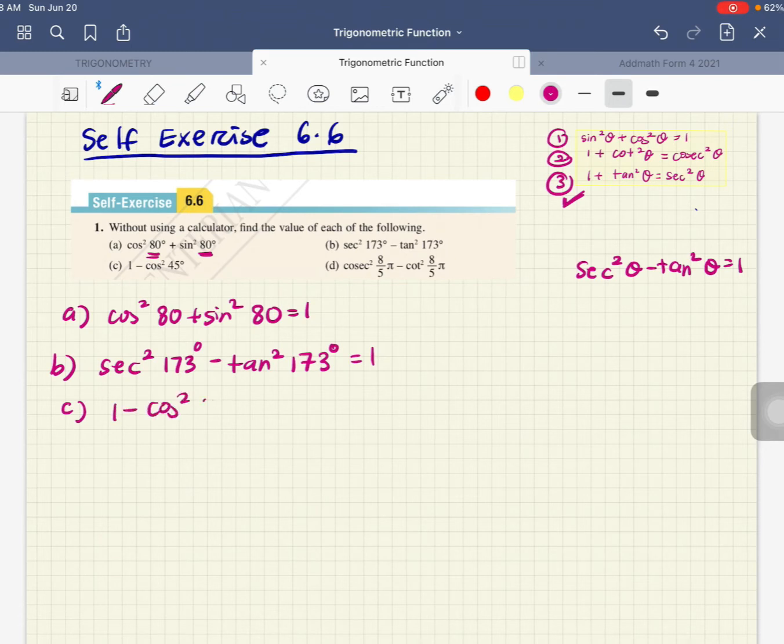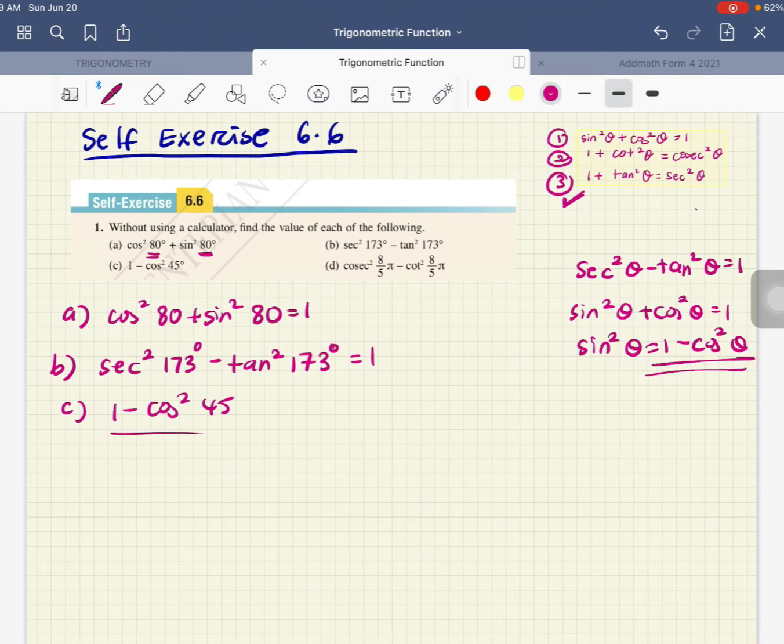Okay, easy, right? So the next one is 1 minus cos square 45. We know that it's using the first identity. If I take it out, sine square theta plus cos square theta is equal to 1. So sine square theta is equal to 1 minus cos square theta.